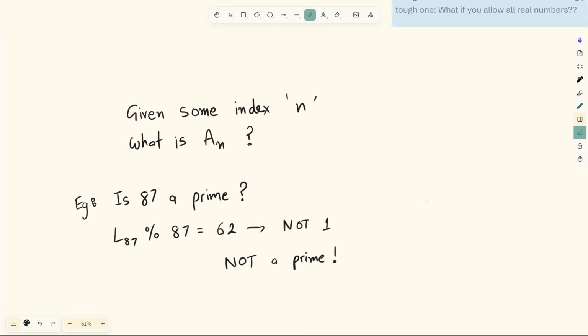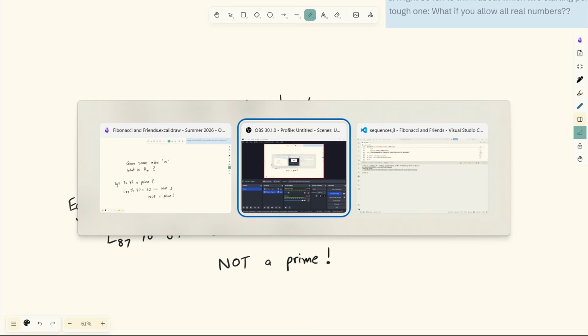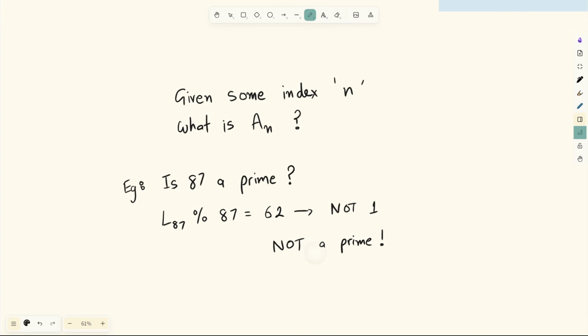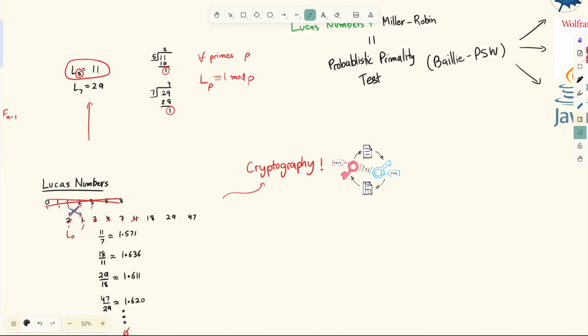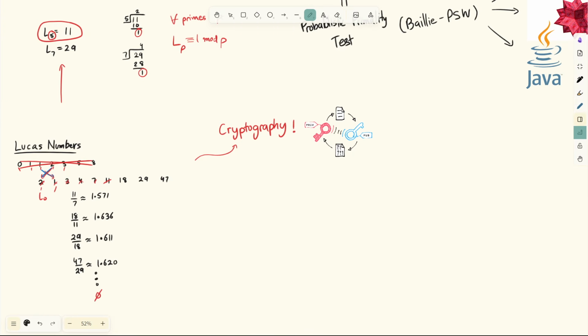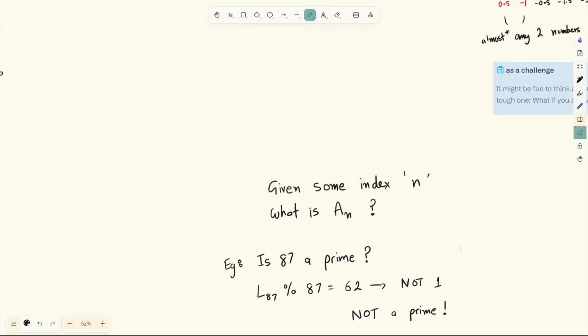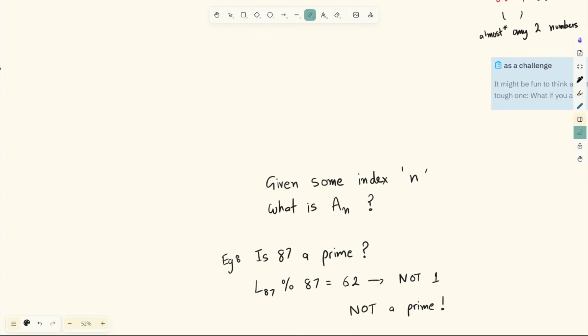Because at the heart of cryptography are large primes, you may want to do something similar for very large primes.